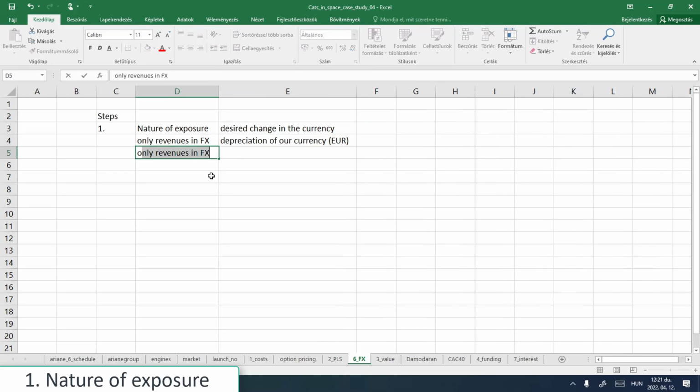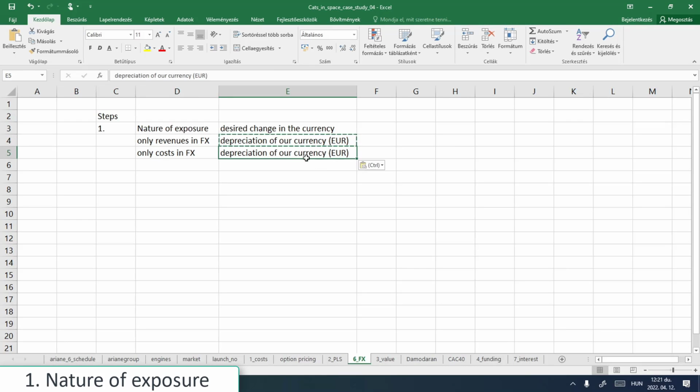If you have only costs in the foreign exchange rate, then we are absolutely interested in the appreciation. And for us, right now, this is the case. So we can say that we have only cost in foreign exchange rate.